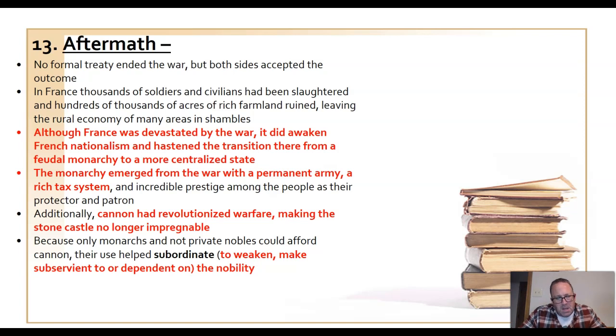So what the monarch in France decides is that they have to become stronger, okay, and create what's known as a centralized state. And the way that you do that is through raising a permanent standing army, so that the king does not have to rely on his nobles to give him soldiers, okay?